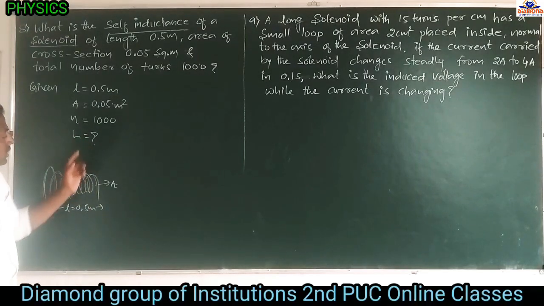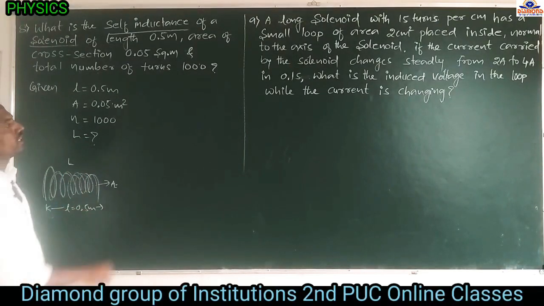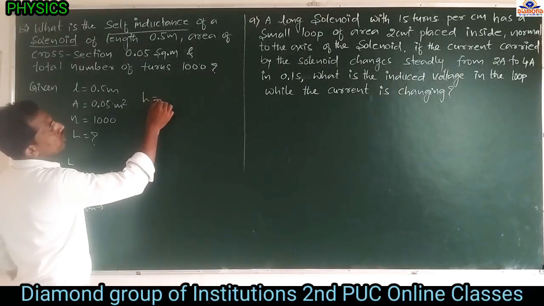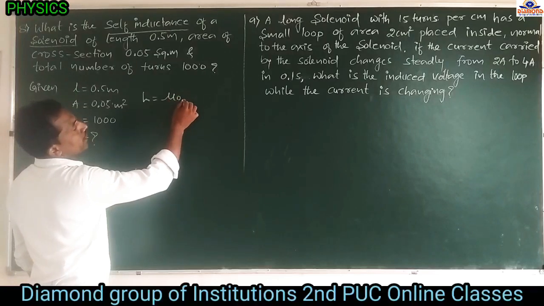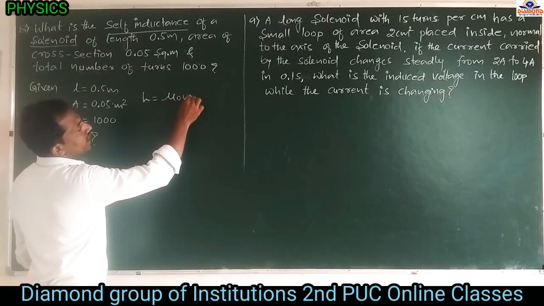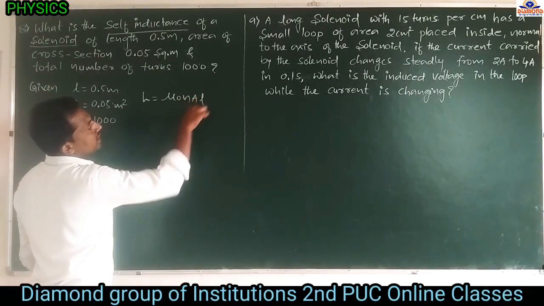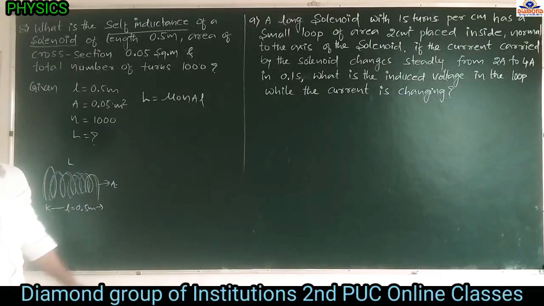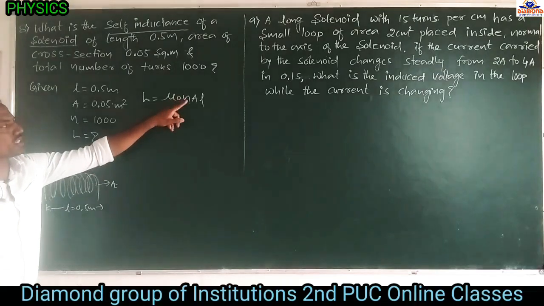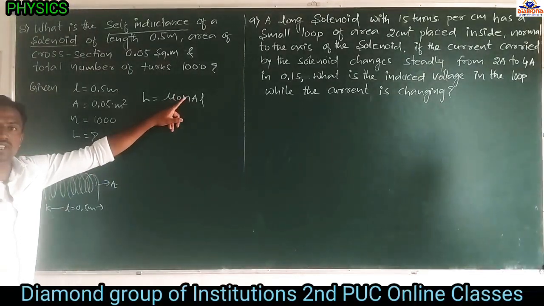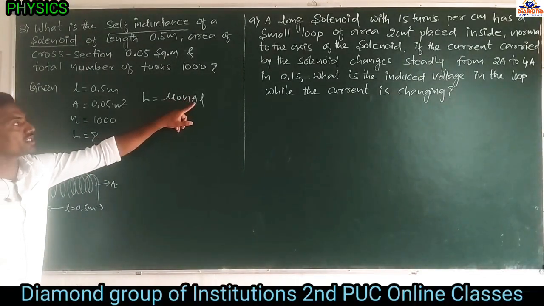Then the self inductance of a long solenoid, the formula is L equals to mu naught n A l, this is the formula. What is mu naught? Permeability of free space. What is n? n means number of turns per unit length. What is A?